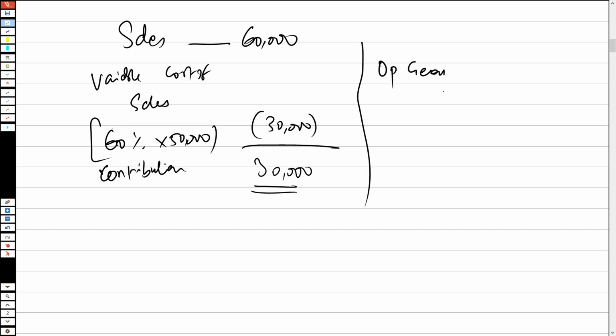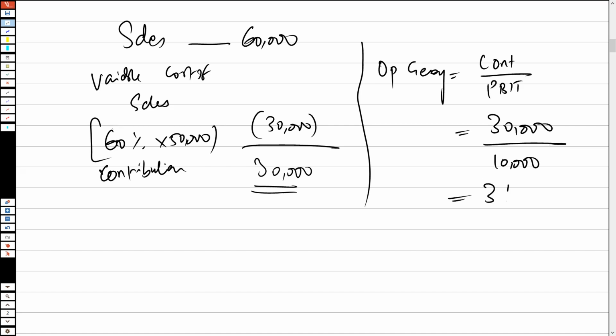The operational gearing is going to be contribution divided by PBIT. So 30,000 divided by 10,000 gives you 3 times.